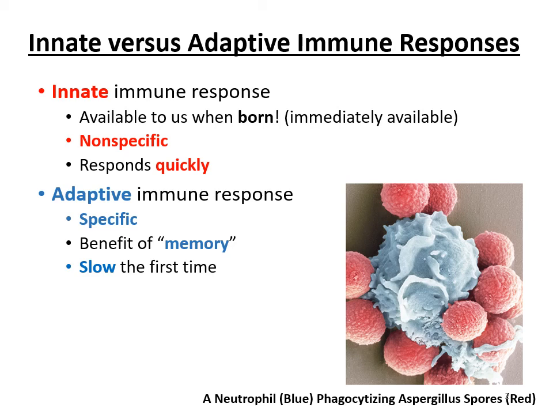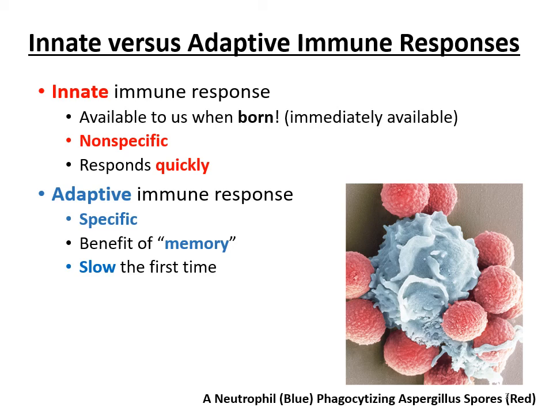This is where your immune system takes the time to identify the exact pathogen that is invading your body. It develops specialized targeted attacks, and it creates memory cells so that in the future, when you encounter that same pathogen again, your body can quickly defeat it because it already has the protective cells.